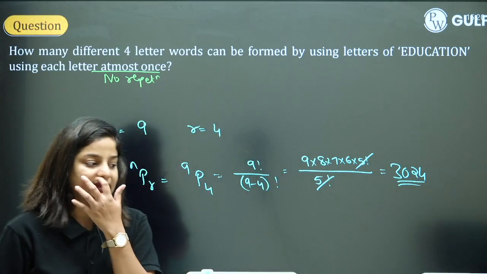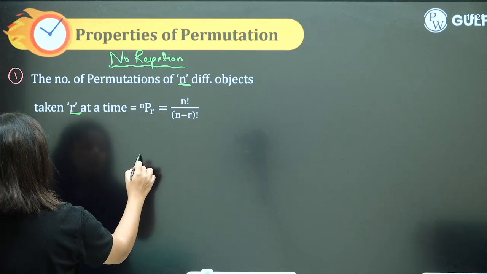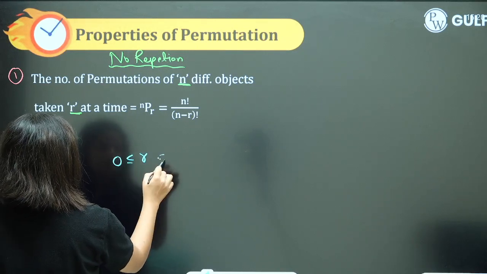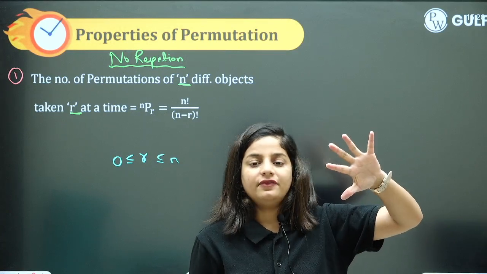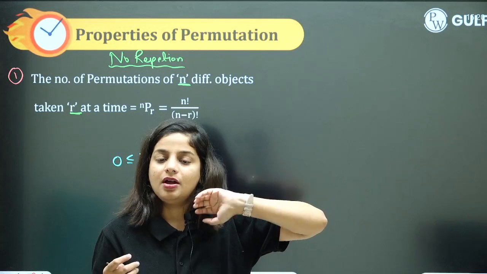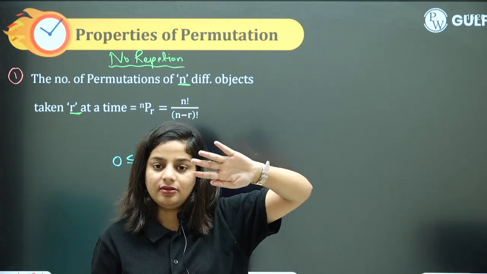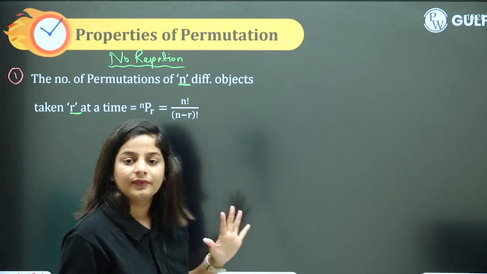Now just tell me one common sense thing. If I say nPr, isn't it obvious that r should be between 0 and n? From 5 letters, you are taking out 3 letters. So n will always be greater, r will always be less or equal. r cannot be negative.